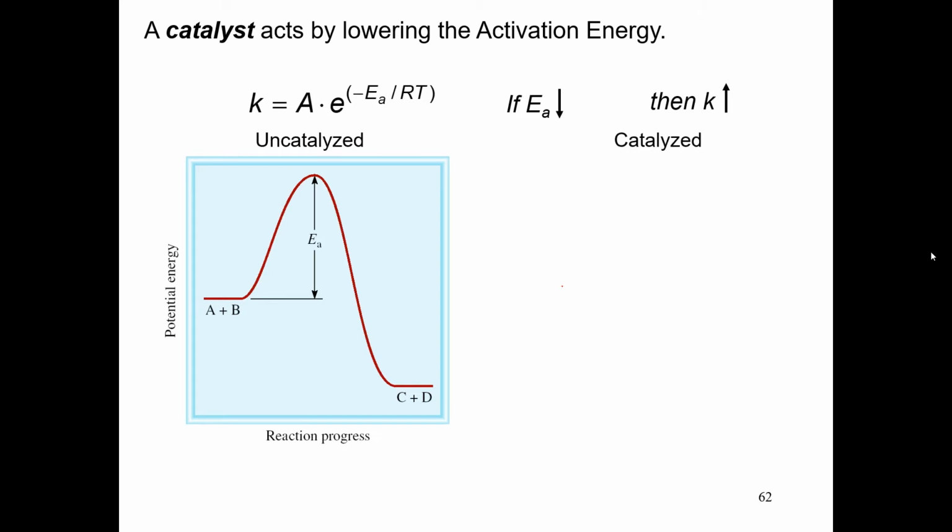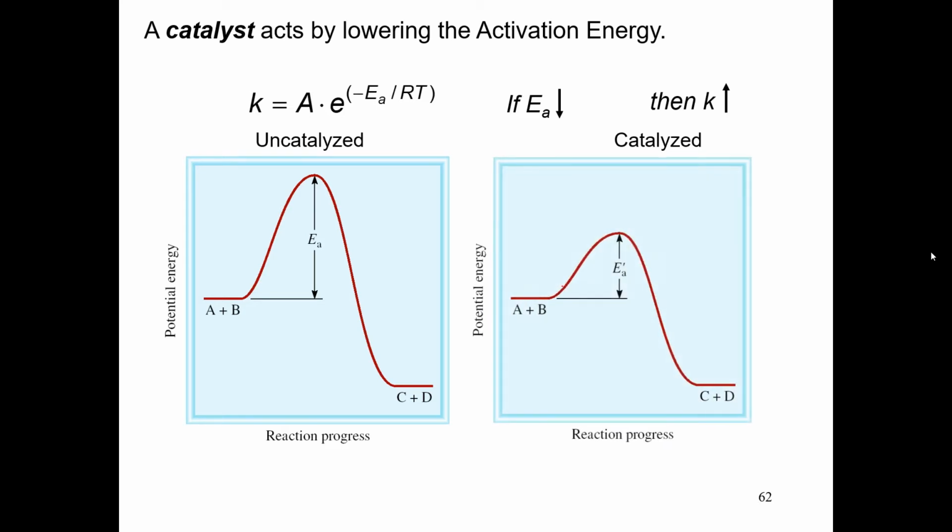Now what happens if we run the reaction in a catalyzed form, in other words, in the presence of a catalyst? As you can see from the energy diagram, in this case, the activation energy hill is a lot lower. In other words, E prime sub A, the activation energy of the catalyzed reaction, is considerably smaller.